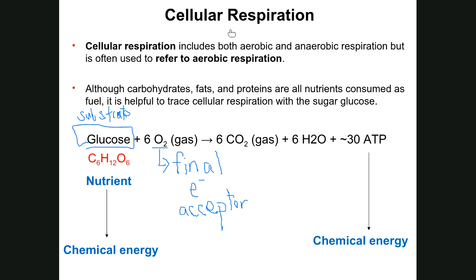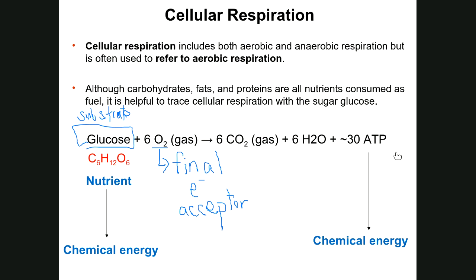One is a substrate. It's in the beginning. Everything starts with this substrate glucose. But then when we get into the 3rd stage, we will talk about how O2 is the final electron acceptor. And if it's not there, that jams up this whole process to where only stage 1 can happen, and we do not get near the amount of ATP a cell needs just to stay alive.